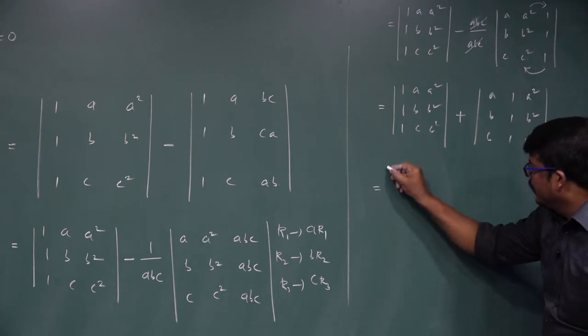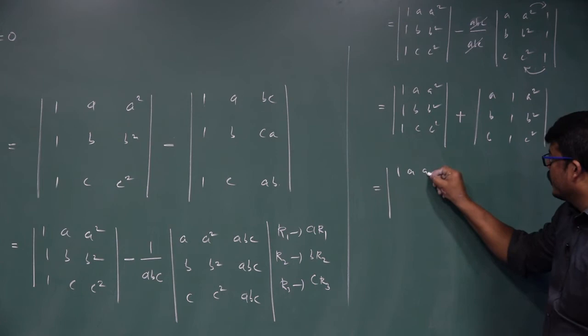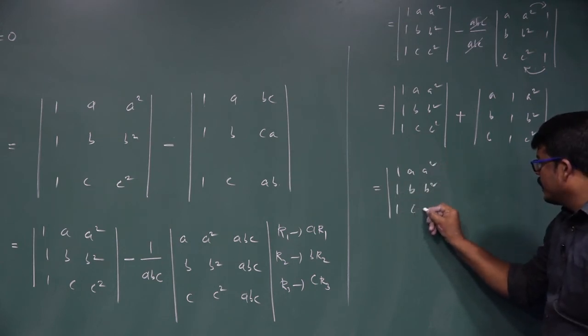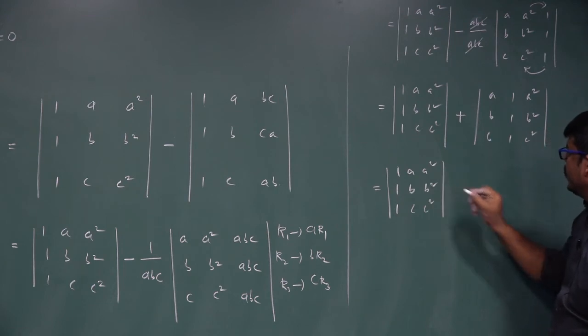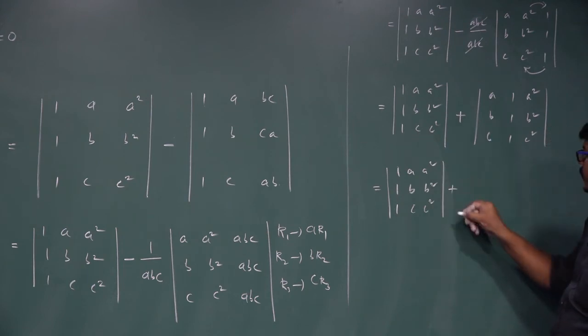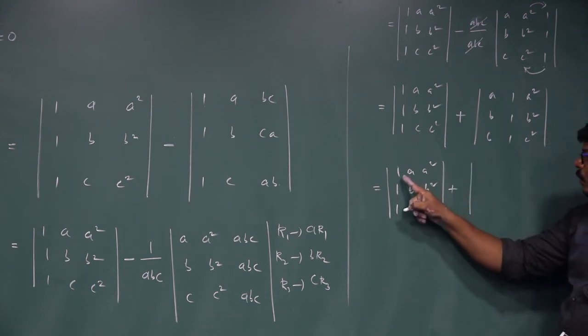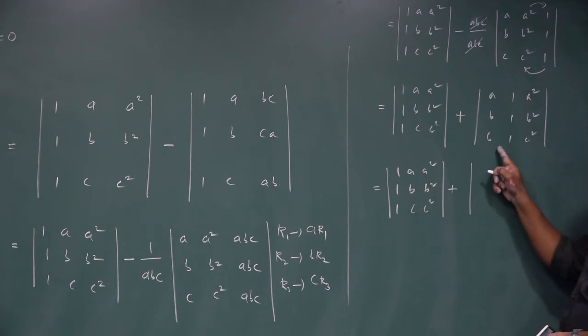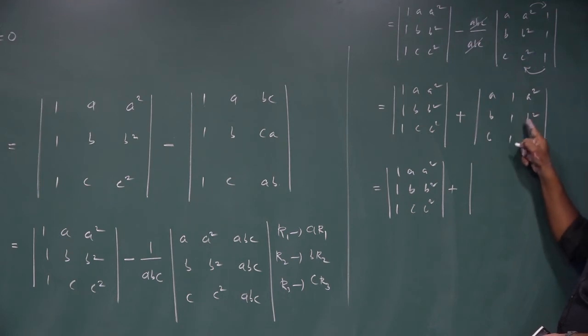This equals the determinant 1, A square, 1, B square, 1, C square, plus the determinant ABC, 1, 1, 1, A square, B square, C square.